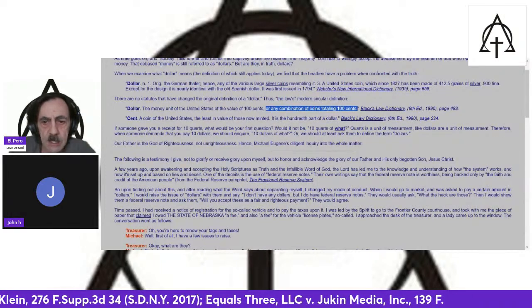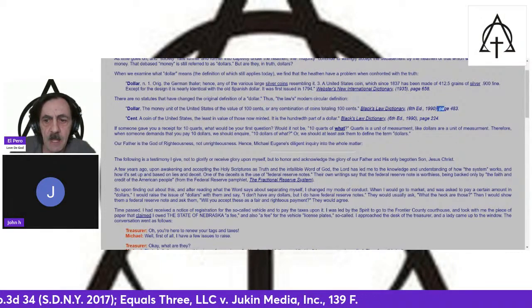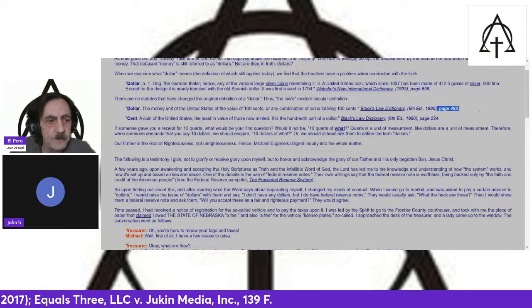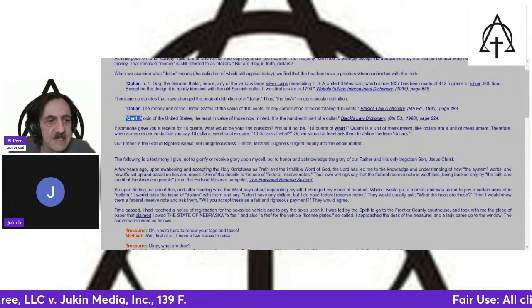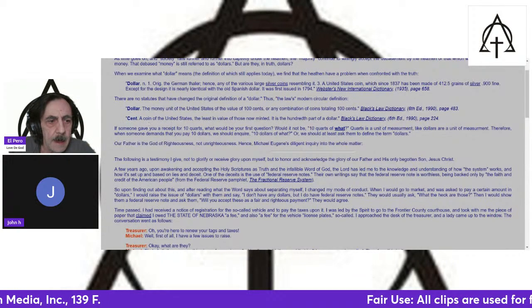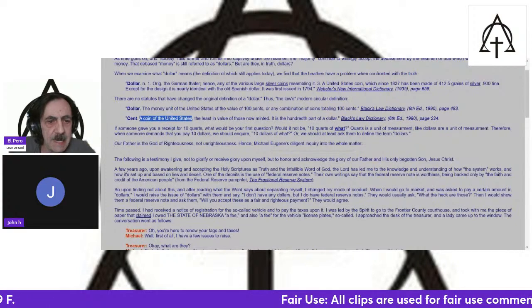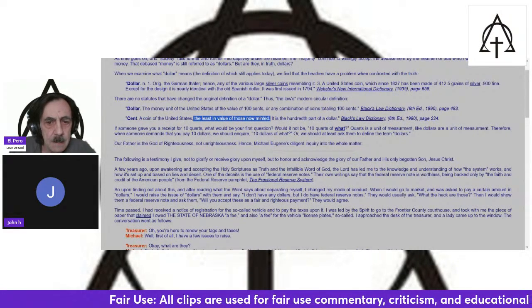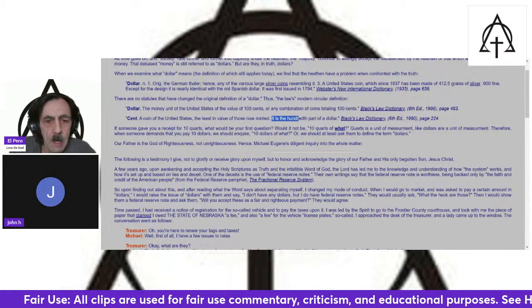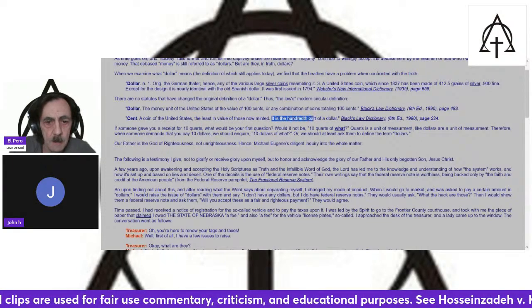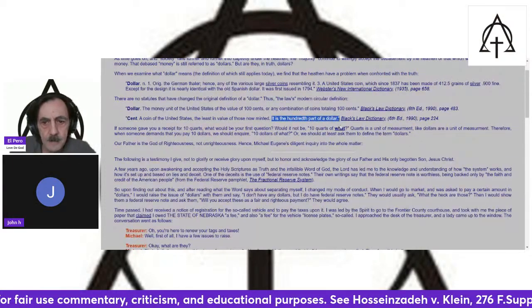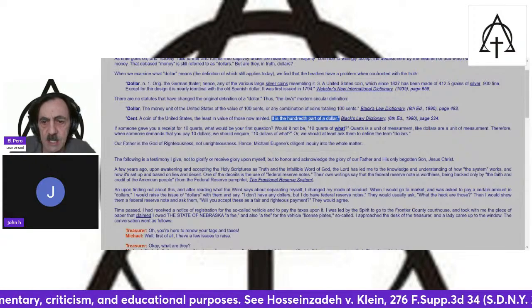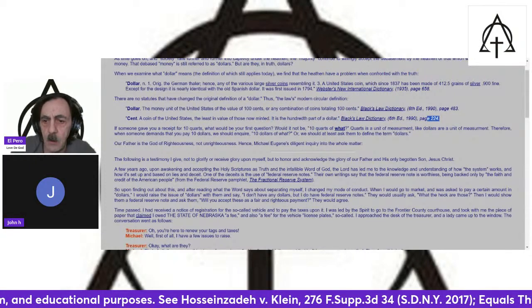That's Black's Law Dictionary, 6th edition, 1990, page 483. Cent, a coin of the United States, the least in value of those now minted. It is the 100th part of a dollar. Black's Law Dictionary, 6th edition, 1990, page 224.